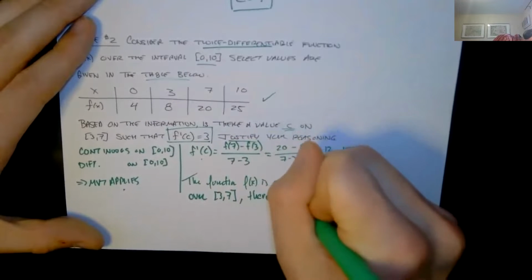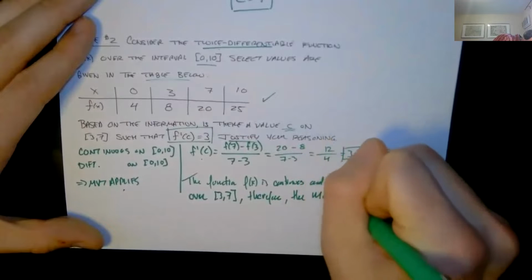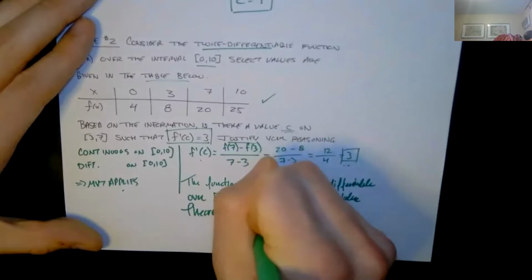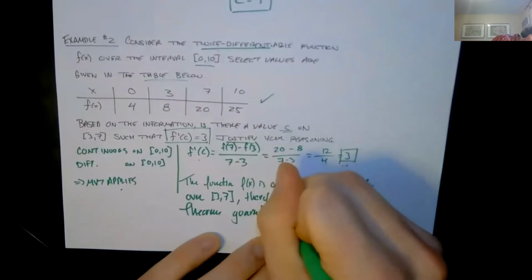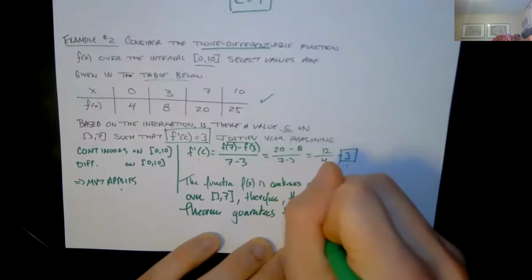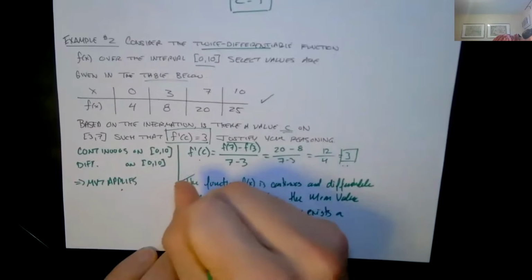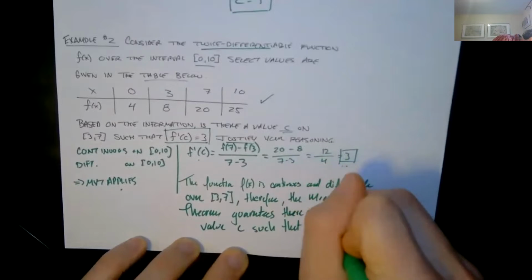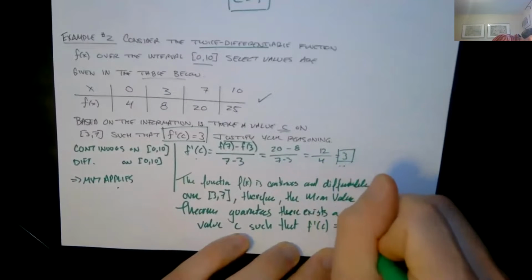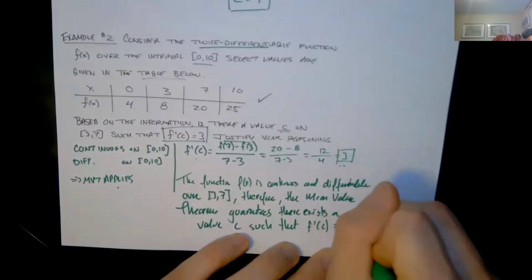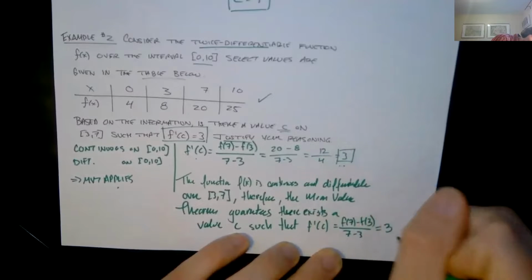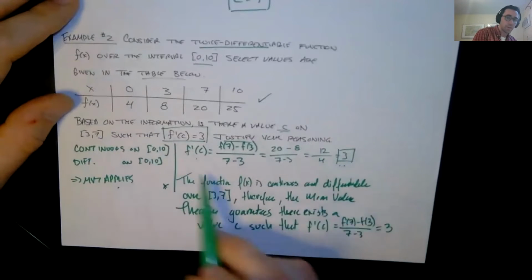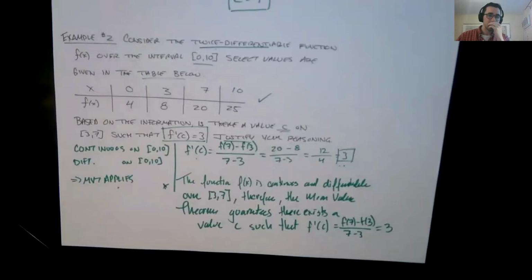Therefore, the mean value theorem guarantees there exists a value c such that f prime of c equals f of 7 minus f of 3 over 7 minus 3, which equals 3. There we go. If you're asked to justify here, you do need a full expression like this, putting all your thinking into just one synthesized statement.